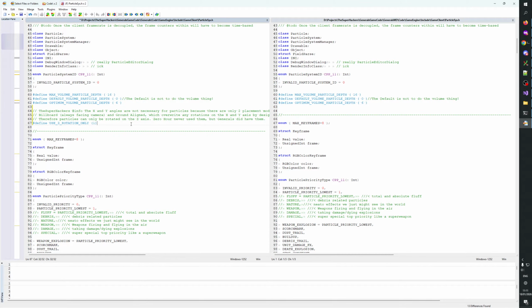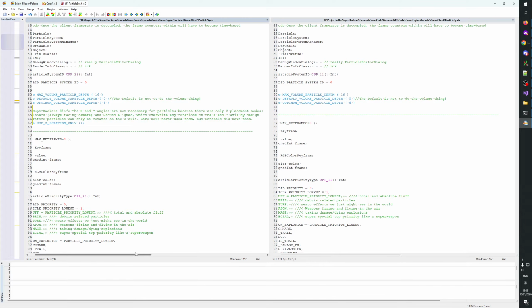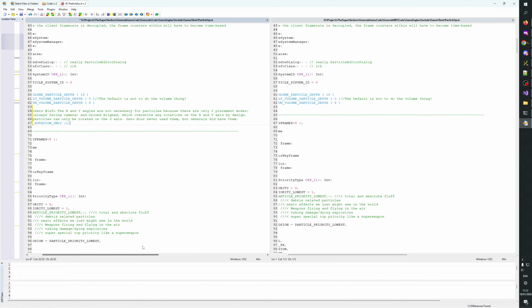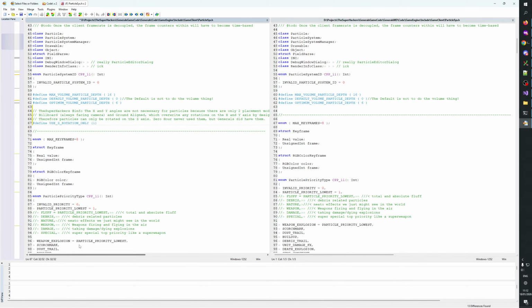The X and Y angles are not necessary for particles because there are only two placement modes. Billboard, always facing camera, and ground aligned, which override any rotations on the X and Y axis by design. Therefore, particles can only be rotated on the Z axis.